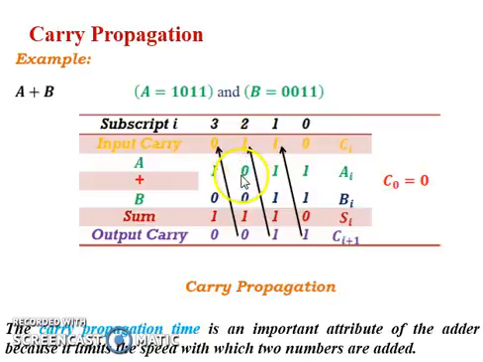Now here 1 plus 0 plus 0, the answer will be 1, carry is 0, which will propagate to the next stage, and 0 plus 1 plus 0, the answer is 1, carry 0. So you can see that carry is propagated to the next stages.